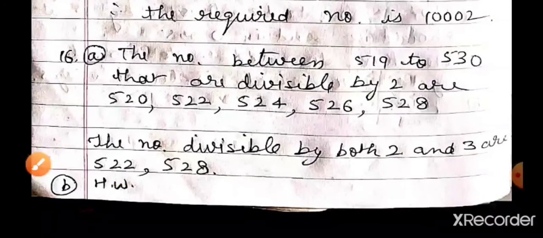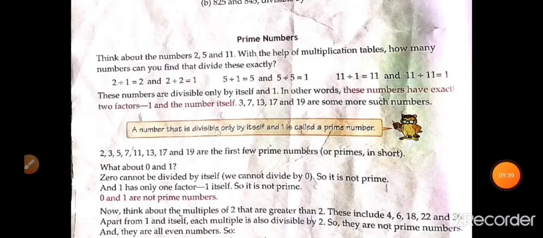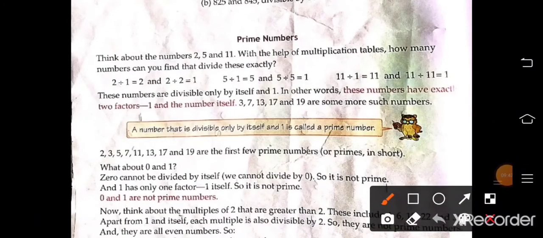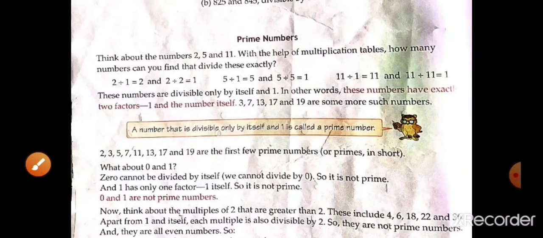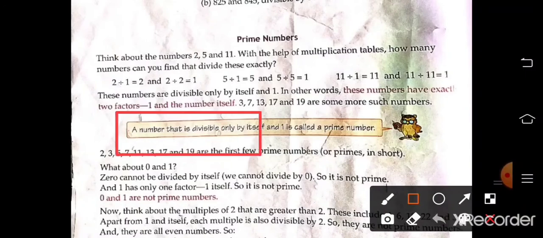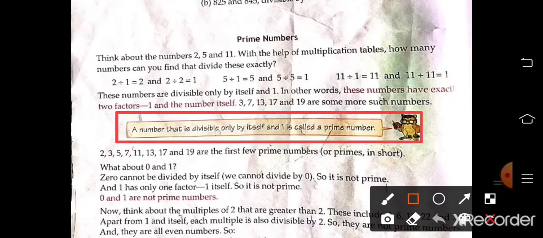Okay, now the next topic is prime numbers. So what are prime numbers? A number that is divisible only by itself and 1 is called a prime number. Okay, so learn it.